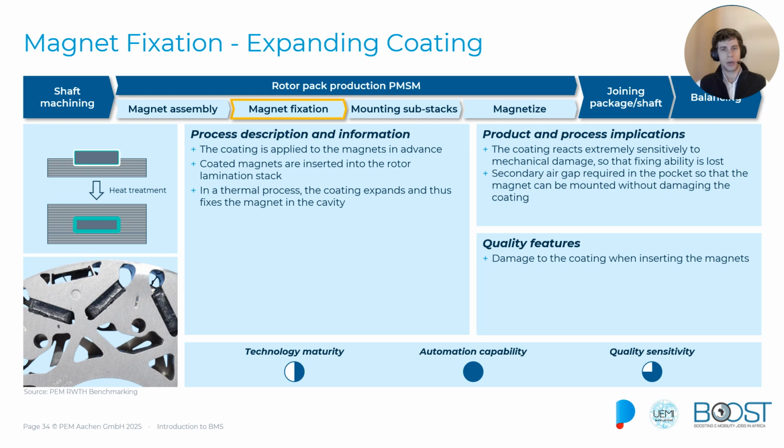An expandable coating is then applied over and around the magnets. As the coating cures, it expands and fills gaps, firmly securing the magnets while providing additional protection against movement and environmental factors during the rotor operation.